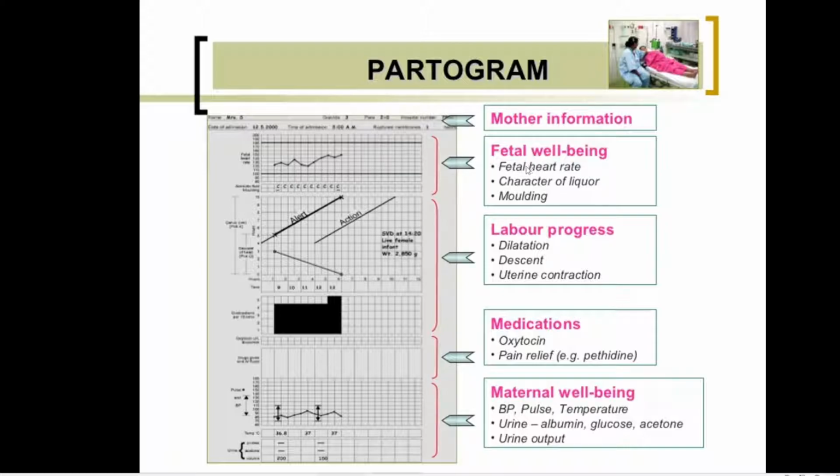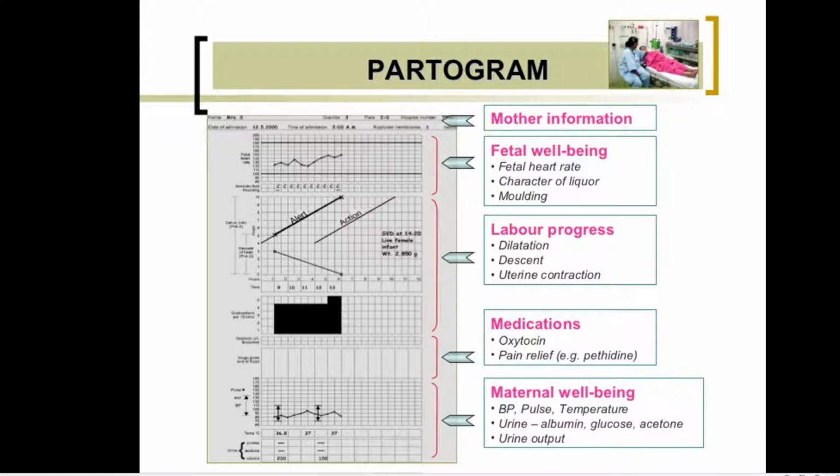Another part is fetal well-being. We check the fetal heart rate. I repeat that in the first stage of labor we must do it every 15 minutes. The next parameter is the character of liquor, or amniotic fluid. In this example you can see the letter C, it's clear. Sometimes maybe the letter I, it's intact amniotic membranes.